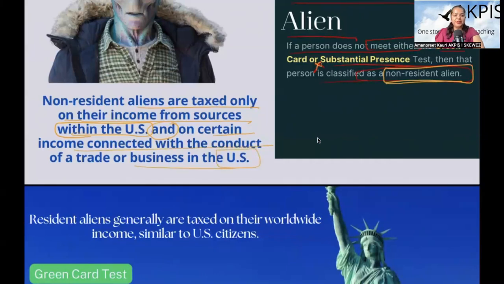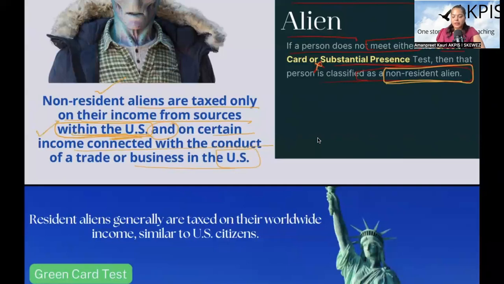Point to be noted. That means those who are US citizens or resident aliens of America are supposed to pay their taxes on their entire income, that is worldwide income, whether earned in America or outside America. But the non-resident alien is supposed to pay taxes only on income which is earned within the US, right?